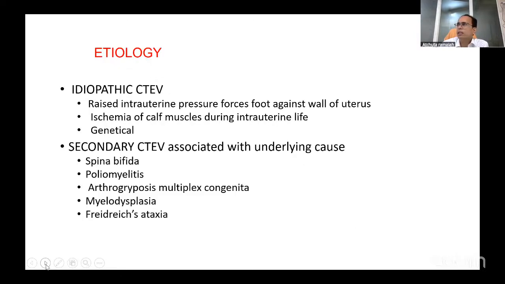The etiology is idiopathic and secondary. Idiopathic causes: there are different thoughts, these 3: ischemia of calf muscles, raised intrauterine pressure forces, and genetic. And secondary causes are where a primary cause is present elsewhere.